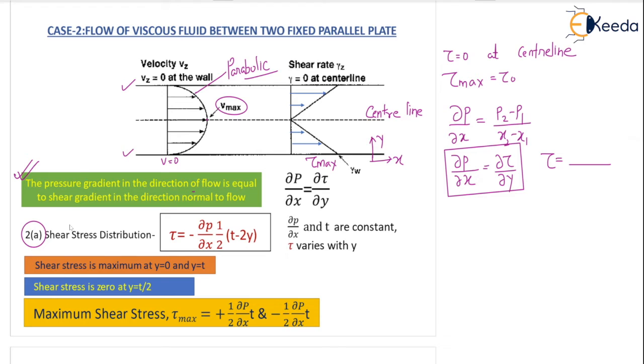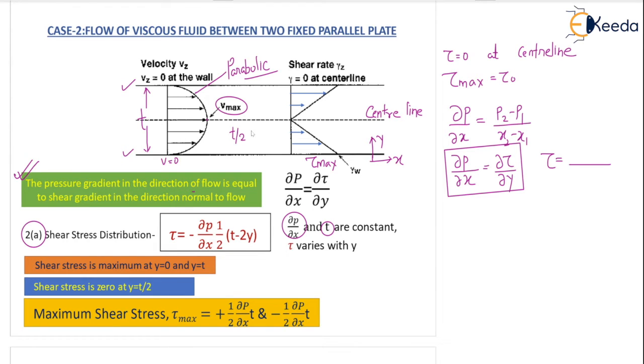Shear stress distribution: tau is equal to minus dou p by dou x times (1 by 2 t minus 2y). Here dou p by dou x and t are constant. What is t? I will write here that t is the thickness, or the distance between the plates.